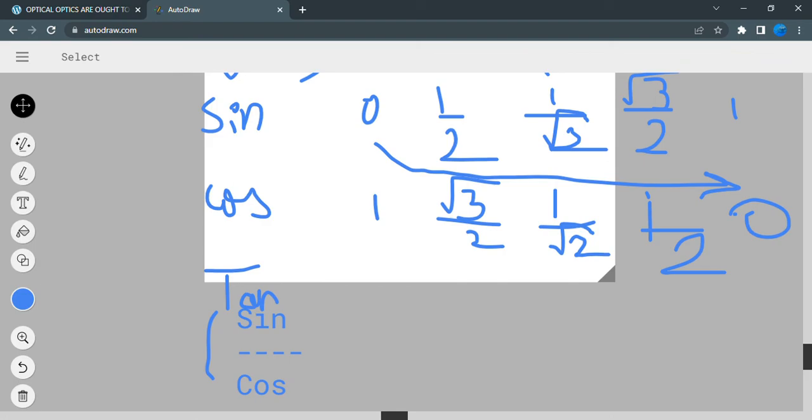So this is the ratio of sine and cos. This will remain 0. Tan 0 will remain 0, as 0 upon 1 is 0.